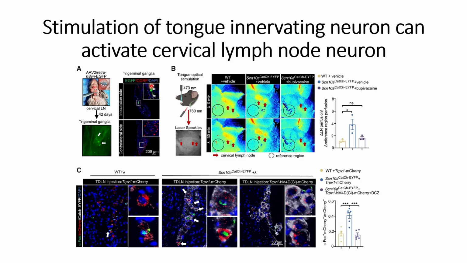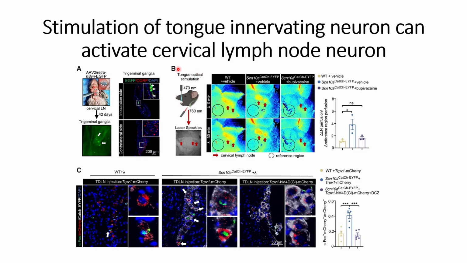So once they validated the specificity of their transduction system, they want to check whether by stimulating the neuron at one side, that is at the tongue, they can activate the cervical lymph node neuron or not.